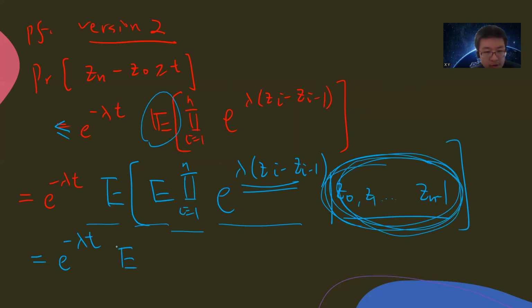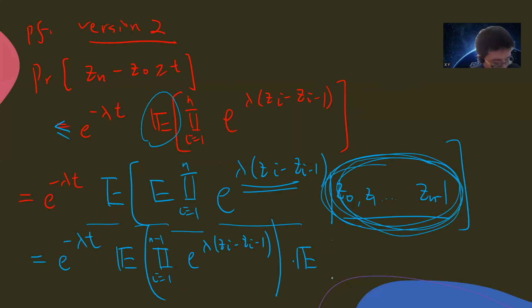So let me just write it down. You get the expectation of the product from i equals 1 to n minus 1 of exponential lambda (z_i minus z_{i-1}), since you fix up to n minus 1, the previous n minus 1 are constants, and then the expectation of the remaining term. Sorry, that was too fast.